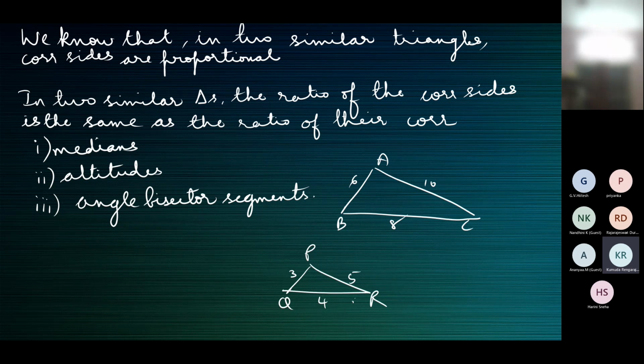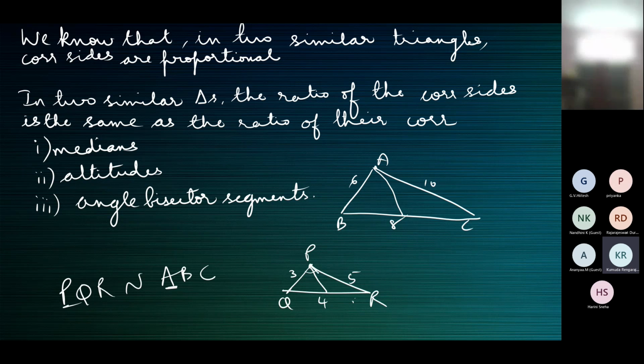Now we know the two triangles are similar. What is the ratio of their corresponding sides? 1 by 2. The ratio of their corresponding medians also will be 1 by 2. If I take the median from P on QR, this median corresponds to the median from A in the other triangle, because vertex P corresponds to vertex A, since PQR is similar to ABC.